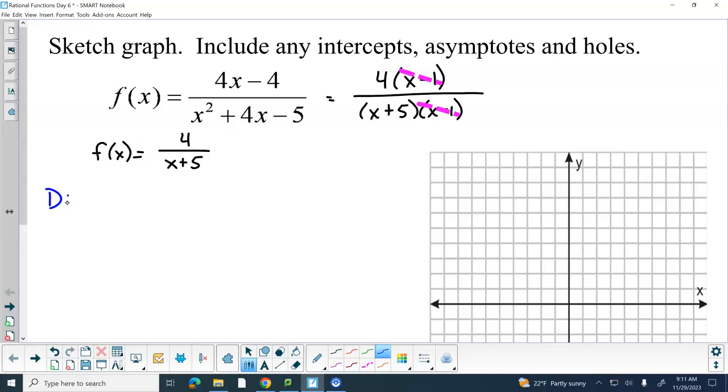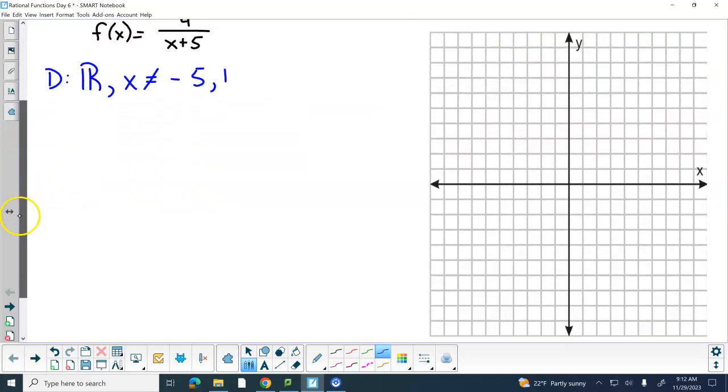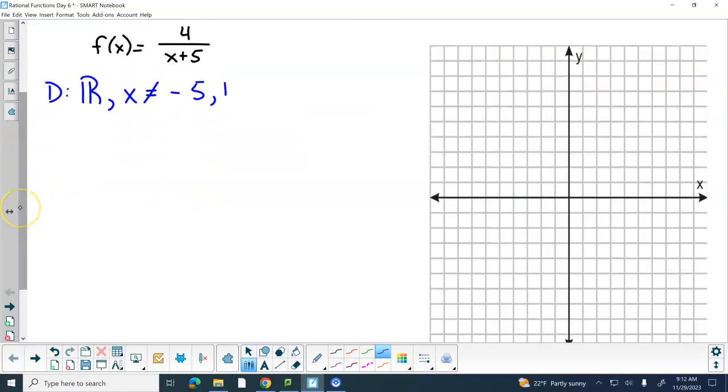I go back to my original equation, okay? So what is the domain of my original equation? Yep. Not -5 and not +1. Okay? After that, now where am I looking? Now I'm just looking at my new equation. So what are the vertical asymptotes now for that one?